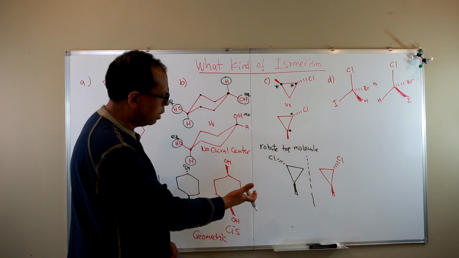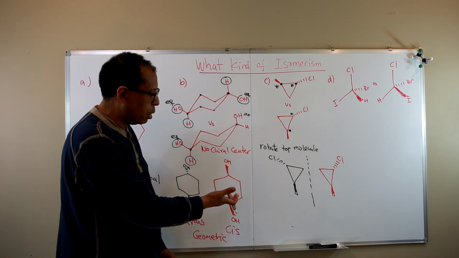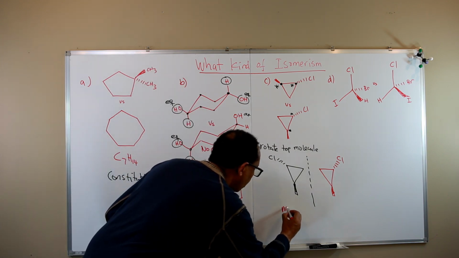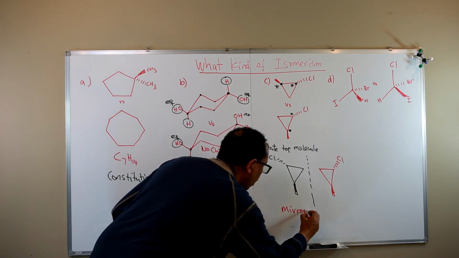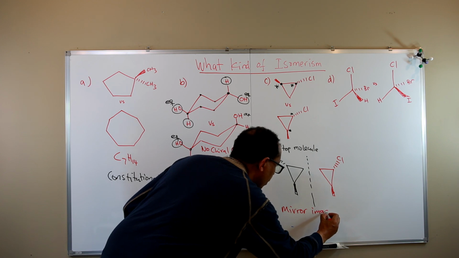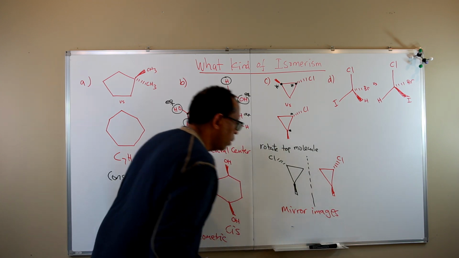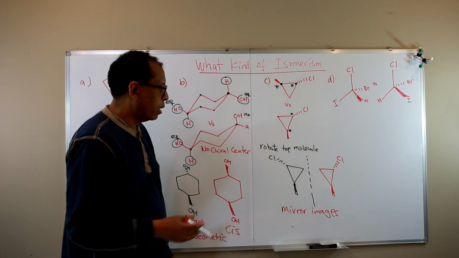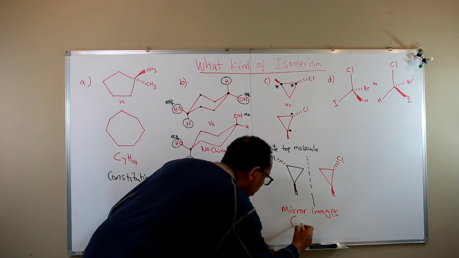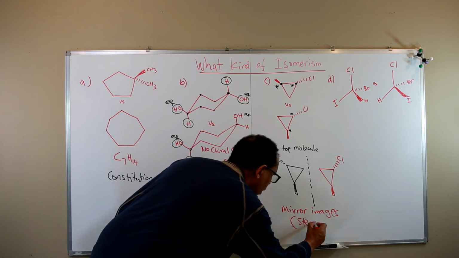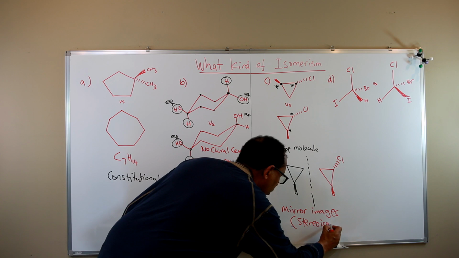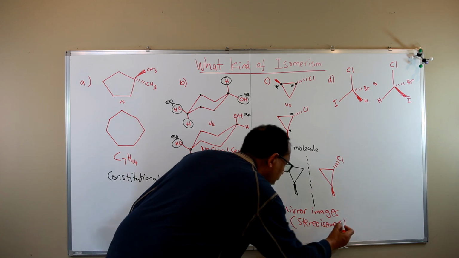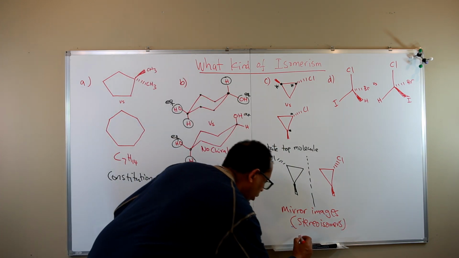You will just look at them, and they are mirror images. So therefore they are stereoisomers. Isomers. Specifically, they are enantiomers.